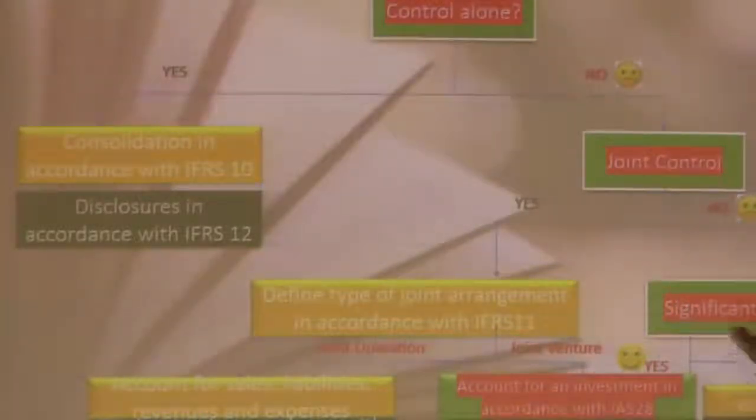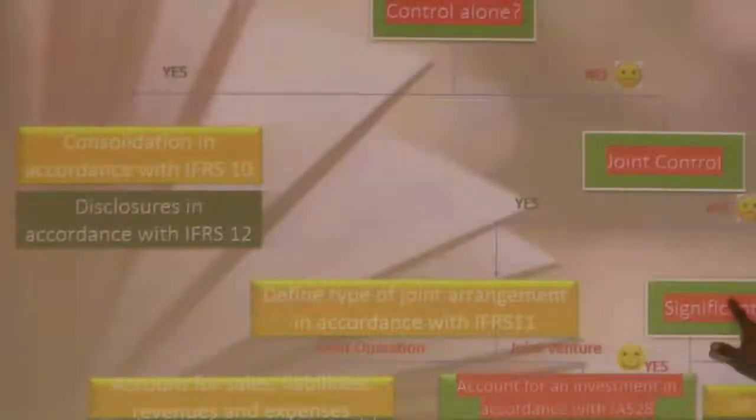red color you can see joint associate. Right, associate companies. If you don't have control alone, yes, you have to check whether you have control jointly. No, whether you can put significant influence. Yes, you can put significant influence. If so, you prepare accounts by applying IAS 28.